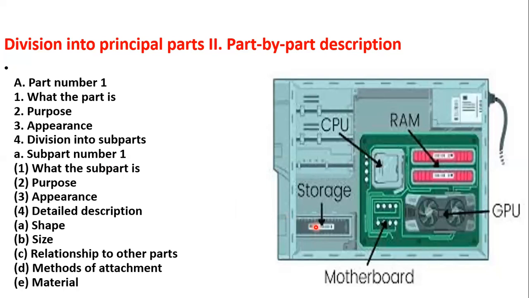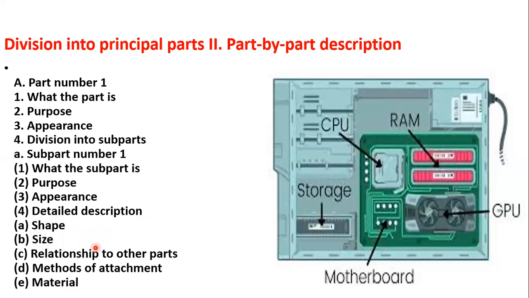So you have to show the picture. We have to paste the pictures, diagrams, as well as write in words a detailed description of the shape. What is the shape?